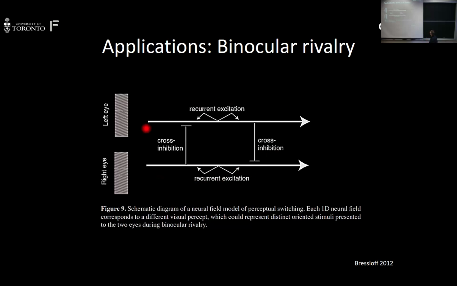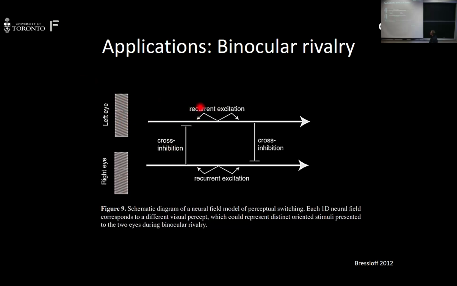So that can explain the phenomenon of binocular rivalry, where we've got one part of our perceptual system that is, say, on, and when on, it corresponds to you perceiving the thing you're seeing in your left eye, and then they switch.